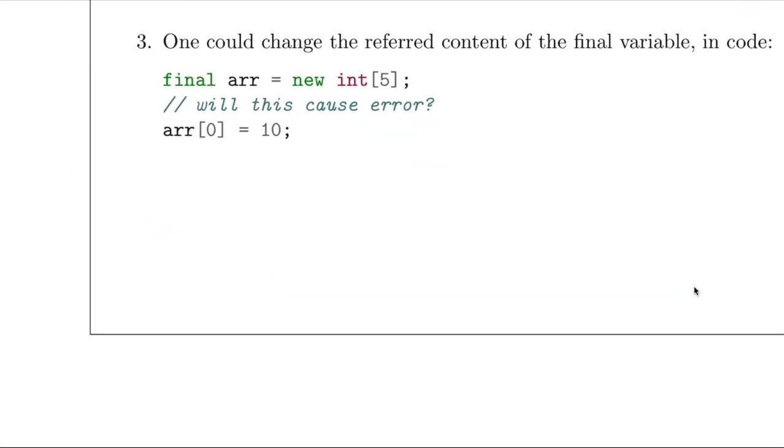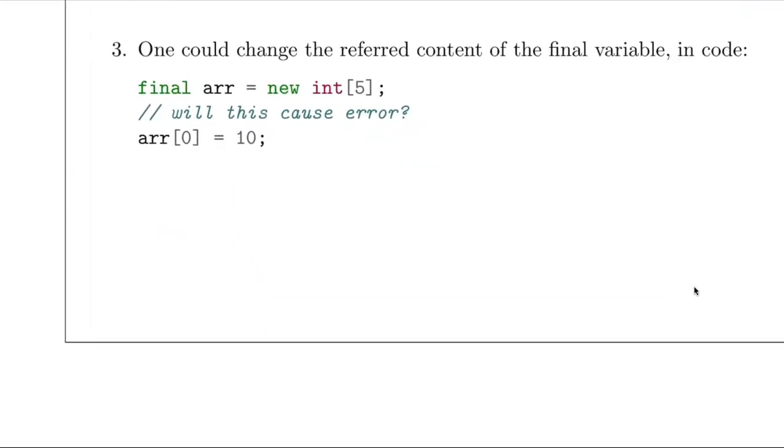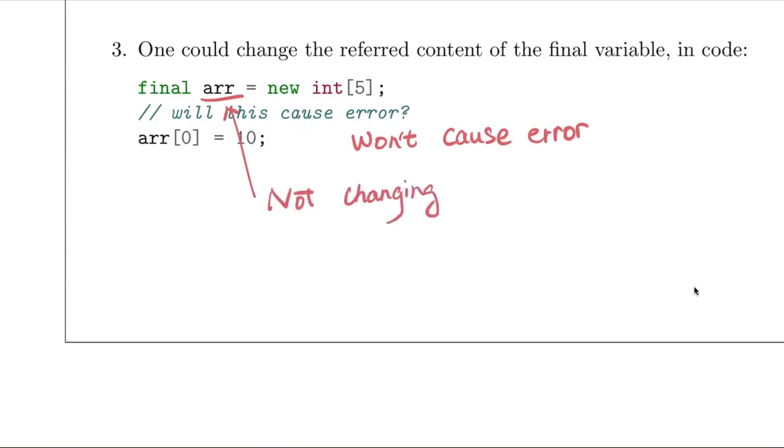So this won't cause an error because I'm not changing the immediate content. I'm not changing the ARR itself. I'm not changing the pointer.